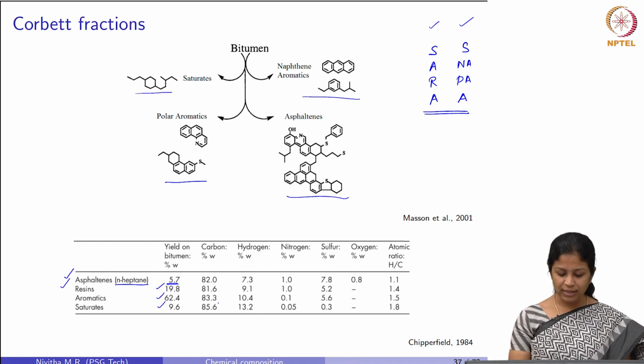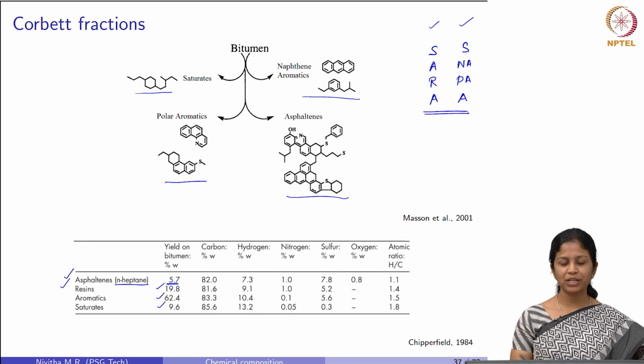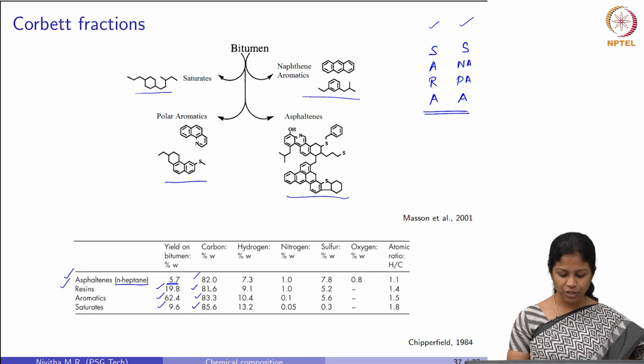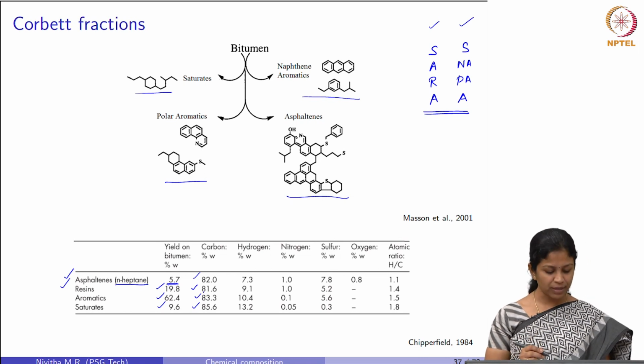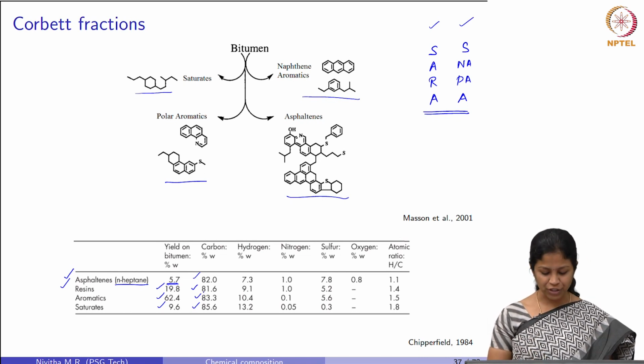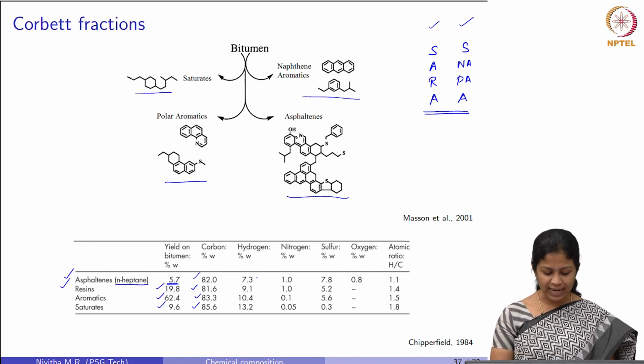And we see what is the carbon which is present here, the percentage weight of carbon. The asphaltenes have 82% carbon, resins 81, aromatics 83 and saturates have higher percentage of carbon. About 85% of carbon is present in the saturates fraction. And when you look at hydrogen, the amount of hydrogen is very less in the case of asphaltenes, whereas it is high in the case of saturates.